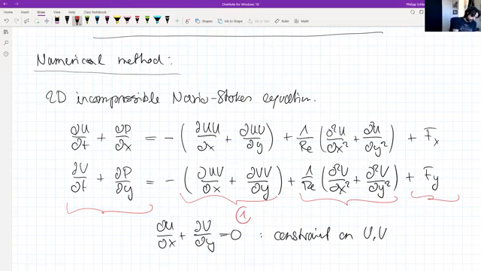We first calculate the nonlinear terms based on the solution that we have at time step, let's say time step n, the old time step. Then we calculate the viscous term again at time step n, the old time step, explicitly. We calculate the forcing at time step n.